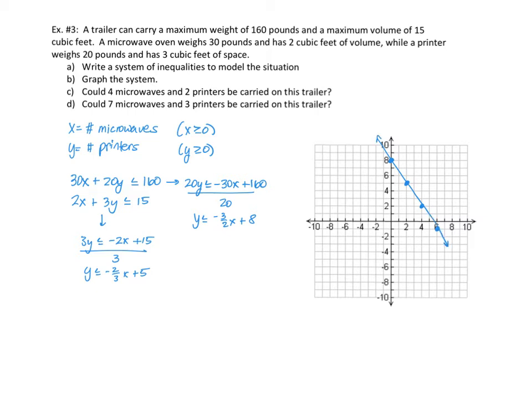Then I'll do this one in a different color just so we can see it. Negative 2/3 x plus 5. I'm going to start at 5, go down 2, and right 3, down 2, right 3, down 2, and right 3. So again, a solid line.